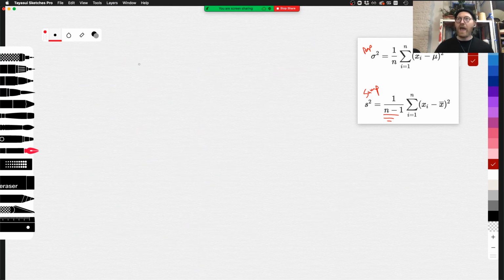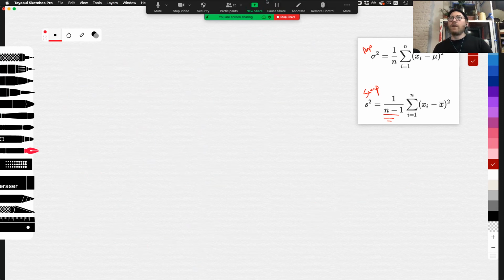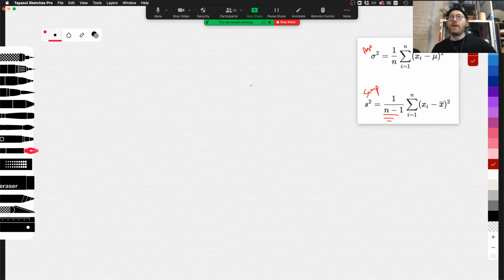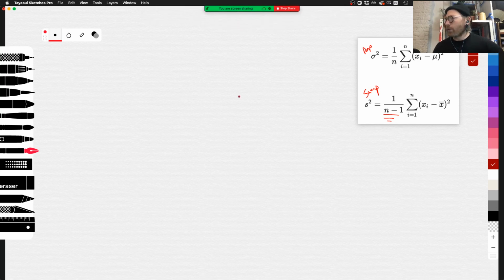The reason we have a second formula for a sample variance, and why it's a little bit different, is that we don't know the population parameters when we're dealing with a sample. We only have statistics. We only have a guess within error bounds.